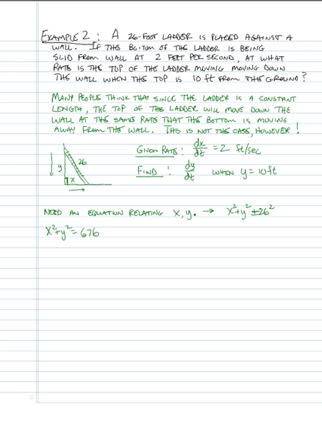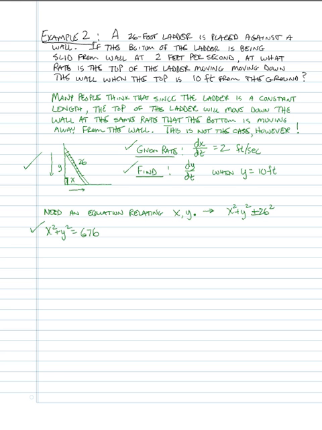Okay, so we have our diagram, we have the two rates that we have information about and what we're supposed to find, and we have an equation involving the two variables that are in those rates. But next we need an equation that relates the rates.